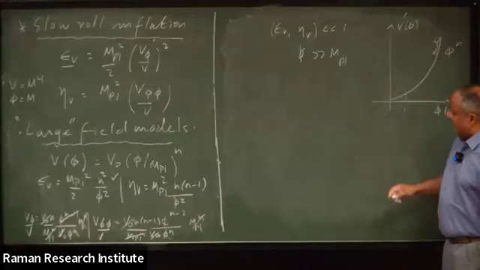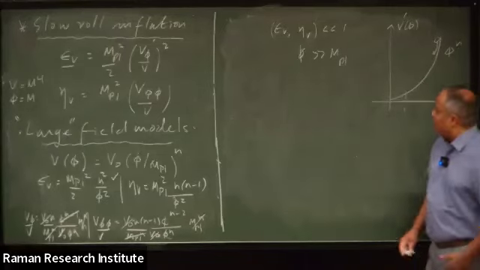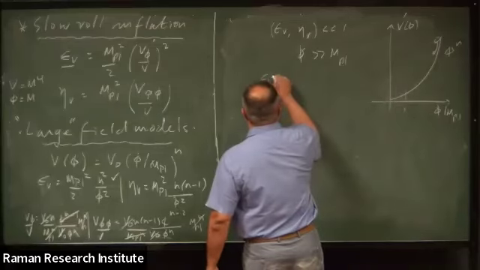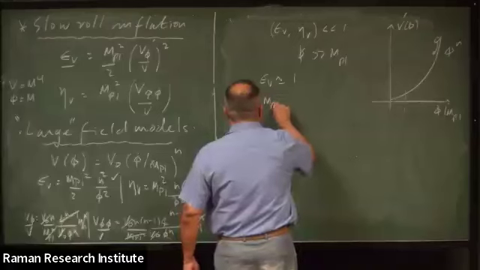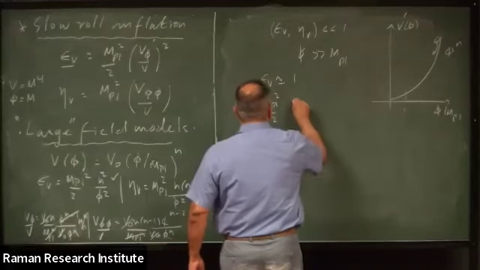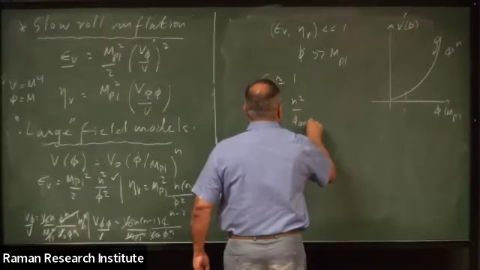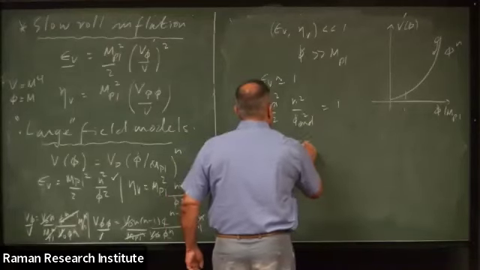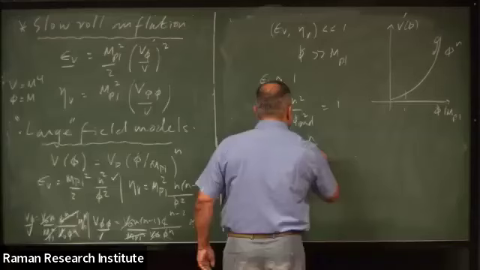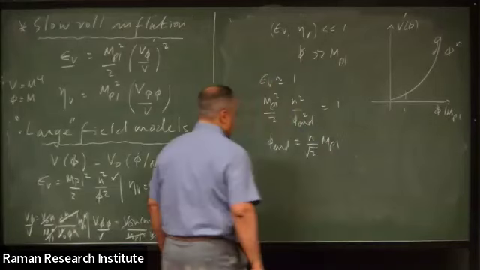And then where does inflation end? Inflation ends when epsilon v is 1. What does it imply? You have MPL squared divided by 2, n squared by phi squared, equal to 1, or phi end equal to n by root 2 MPL.